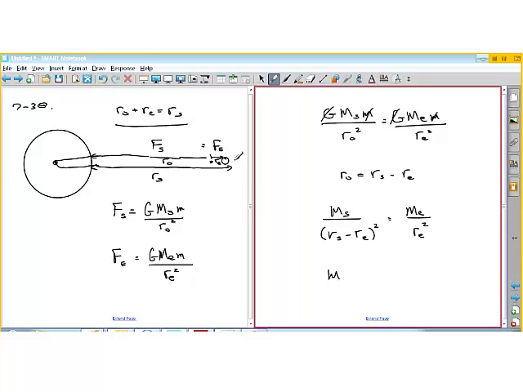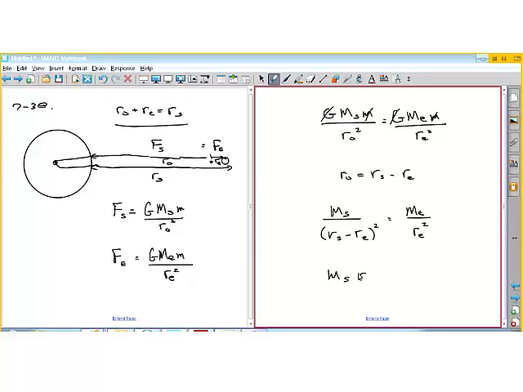If it's on this side, it's going to be a little bit further away because the gravitational pull from the Sun, the distance is a little bit longer, and therefore this also has to be increased. So you'll see that there's two solutions, whether this is going one direction or the other direction. But we're going to do it where this is on the left-hand side.